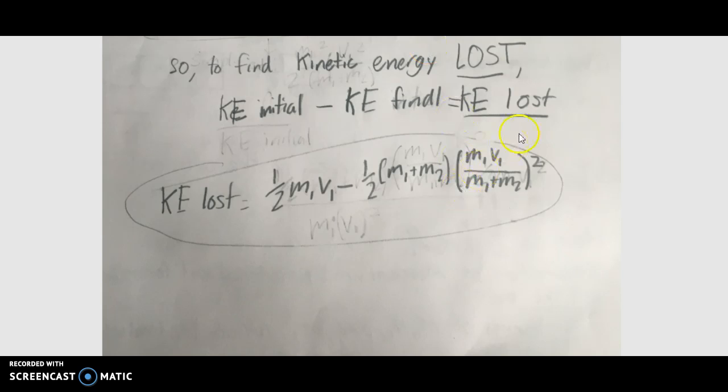That will give us how much kinetic energy we have lost. So, doing quick maths, the kinetic energy lost is 1/2 m1 times v1 minus 1/2 of m1 plus m2 times m1 v1 over m1 plus m2, squared.